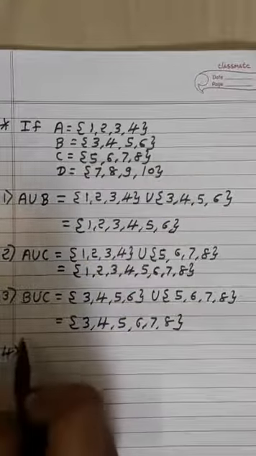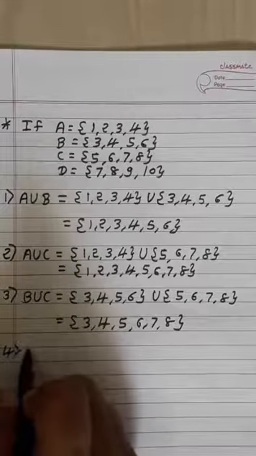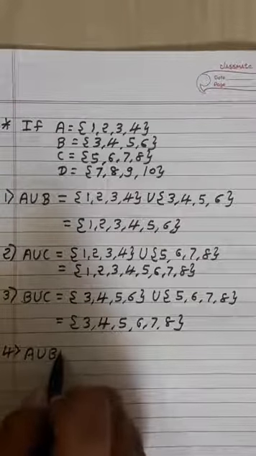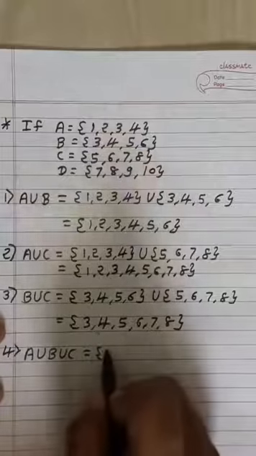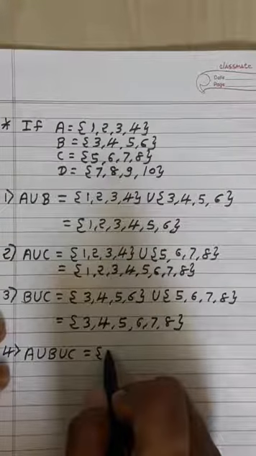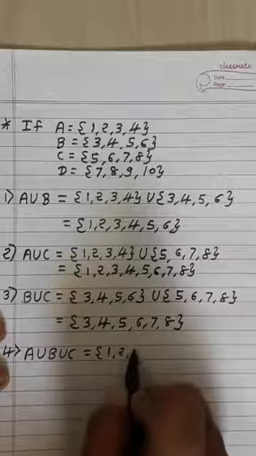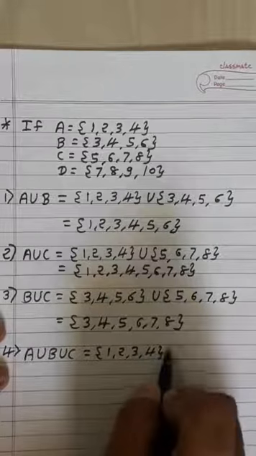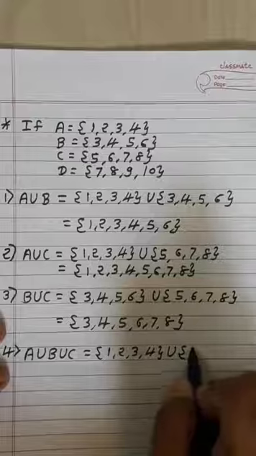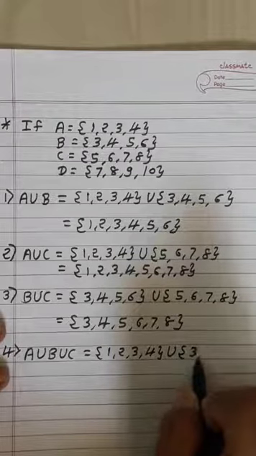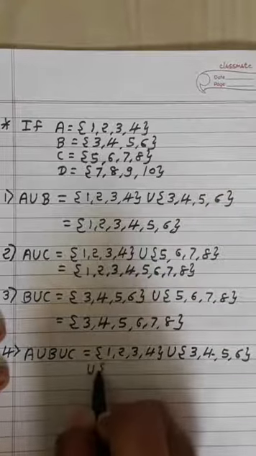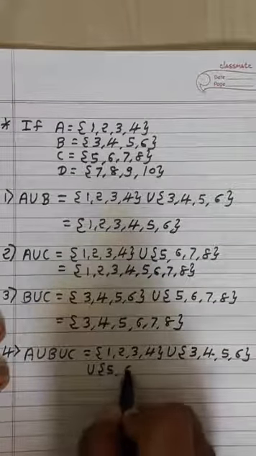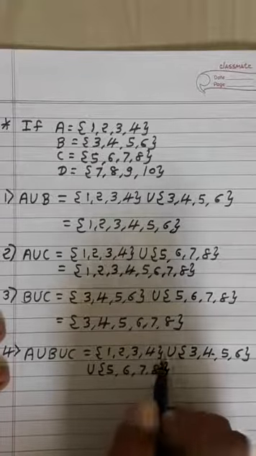Next one, A union B union C. A union B union C means first of all write the elements of set A, so 1, 2, 3, 4 union set of B, that means 3, 4, 5, 6 union set of C, that means 5, 6, 7, 8.